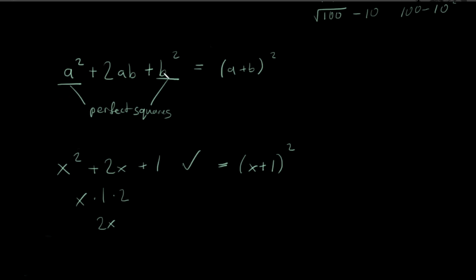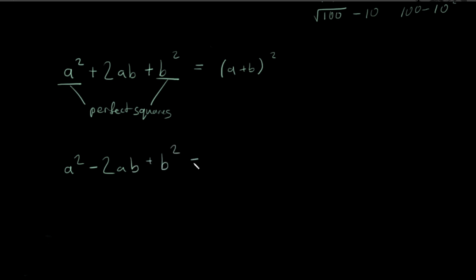Now, there's also a second type of perfect square trinomial that follows a slightly different form. So it's basically the same thing, except now we're saying a squared minus 2ab plus b squared is equal to a minus b squared. So this is just a different format. However, a squared and b squared are still perfect squares.